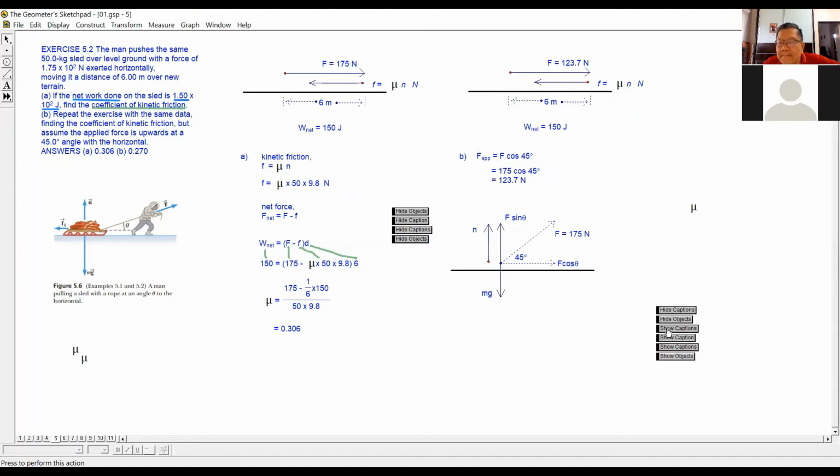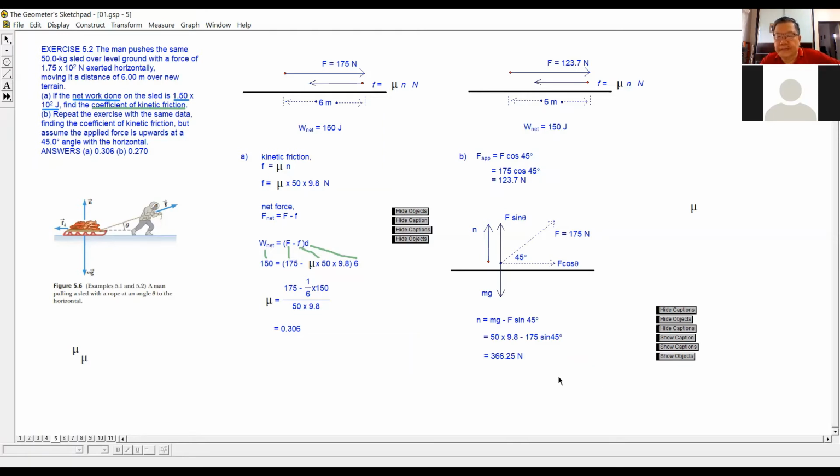So that will be this one. Can you use your calculator to calculate the weight minus the F sine theta? Use the weight to minus to find the normal reaction. 15 times 9.8 minus 175 times sine 45.